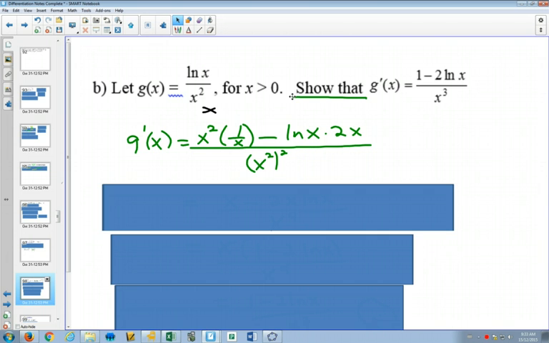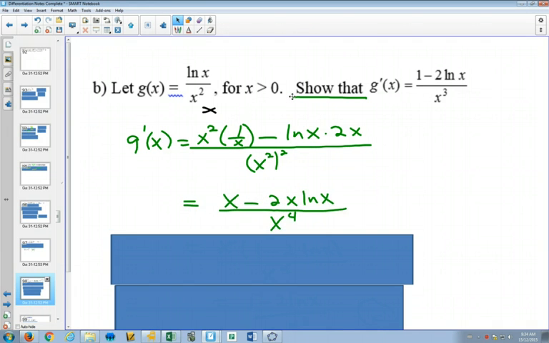In the top of my show that, you see that you have an x cubed. That means you're going to need to cancel out an x somehow. How do we cancel out an x? Well, we would have to factor the top. So now the show that part is giving you hints of what you need to do moving forward to simplify this function.